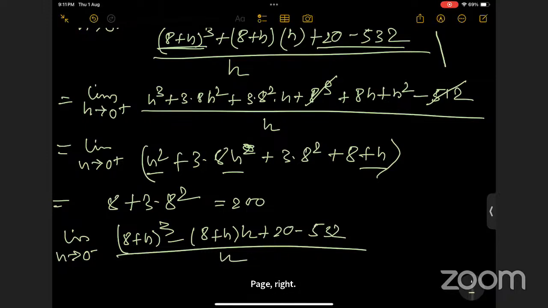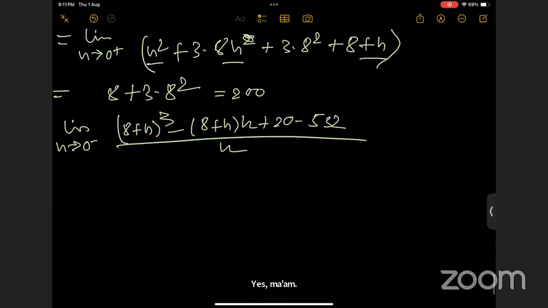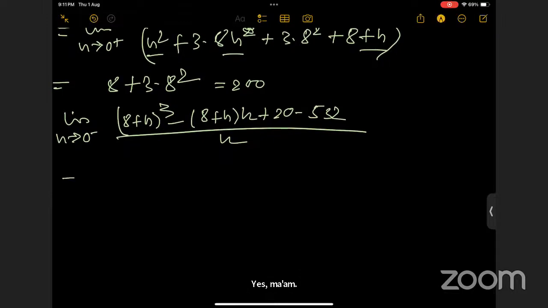Yes, ma'am. So similarly, we can simplify it and calculate it, right? So what will be the final answer? Ma'am, the denominator should be minus h, right? No, we are taking h from the negative side of 0 here. So here we don't need to put this as minus h. Okay.